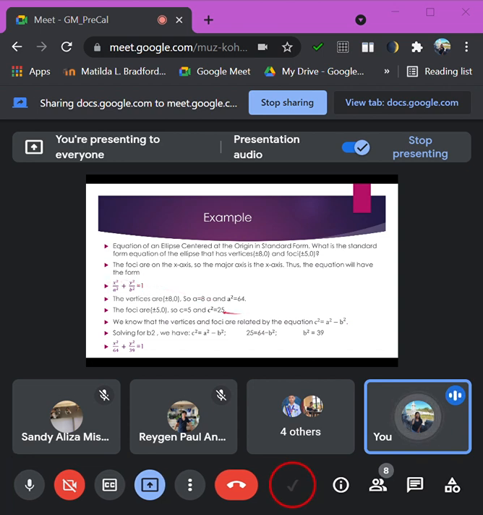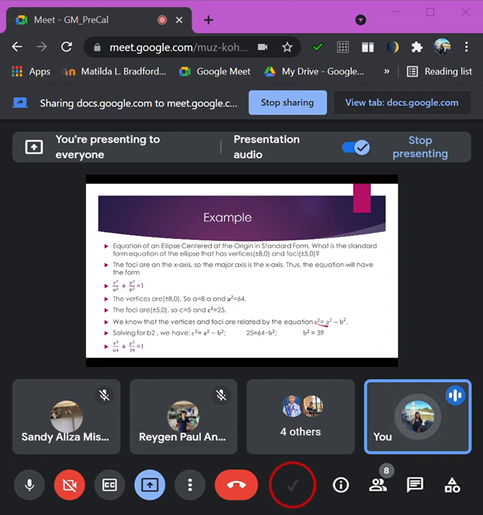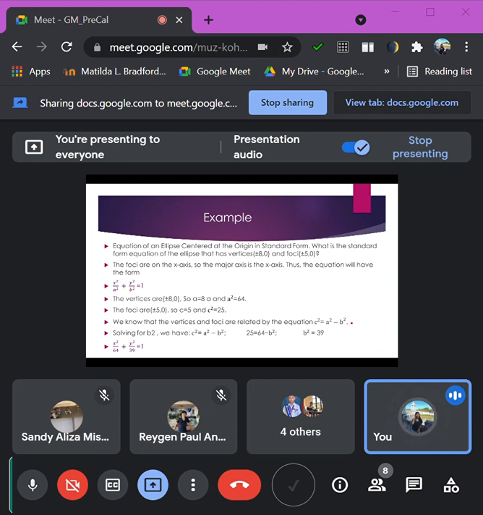Remember, we are going to use this in the next step to get our b squared, using the formula c squared is equals to a squared minus b squared, or a squared is equals to b squared plus c squared. We still need our foci, so we just substitute.